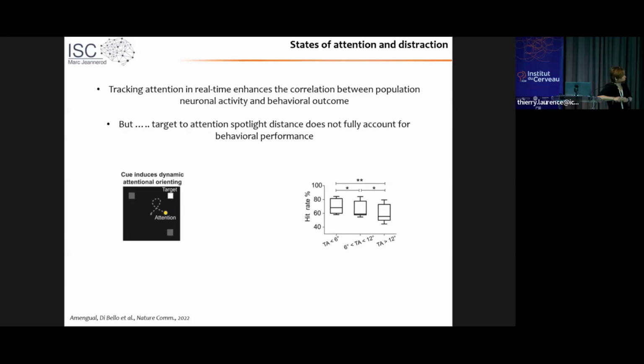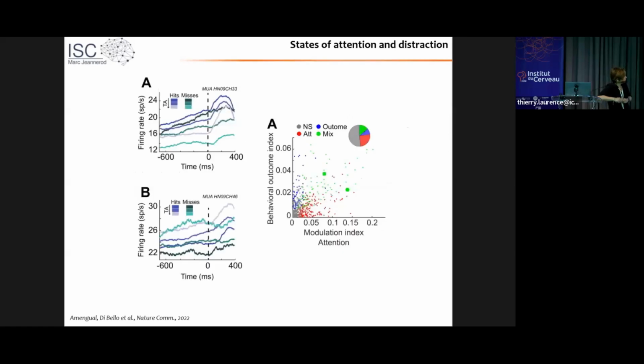errors, so misses. Likewise, if you consider these trials where attention was mapped very far away from the target, although subjects produce a lot of misses, they still do produce up to 50% of hits. And so the question is, why is it that this is the case?